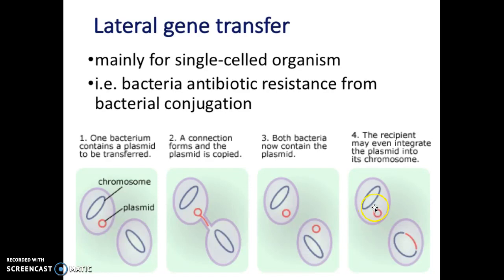It's able to do bacterial conjugation and send a copy of this plasmid, with the gene that allows it to be resistant to the antibiotic, to another bacterium, so that this other bacterium is able to be resistant to antibiotics as well, even though it didn't develop antibiotic resistance on its own. So we call this lateral gene transfer because this bacterium is receiving a gene, or multiple genes, from another individual organism, which is another bacterium.